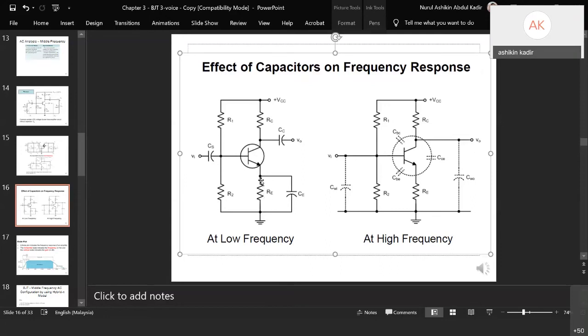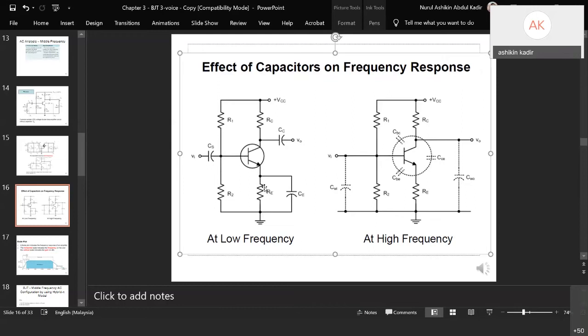So the bypass capacitor here is to stabilize the circuit. Let's say, for example, if we don't have a capacitor here, during mid-frequency response we cannot get a stable signal because we have the RE here.